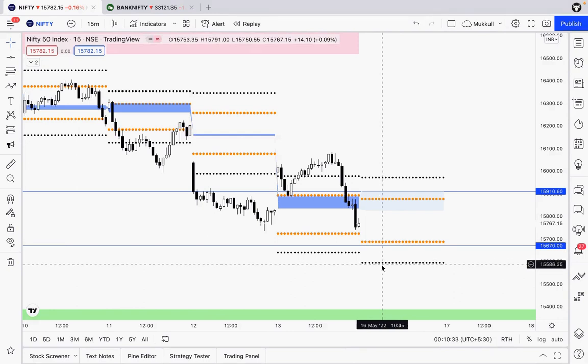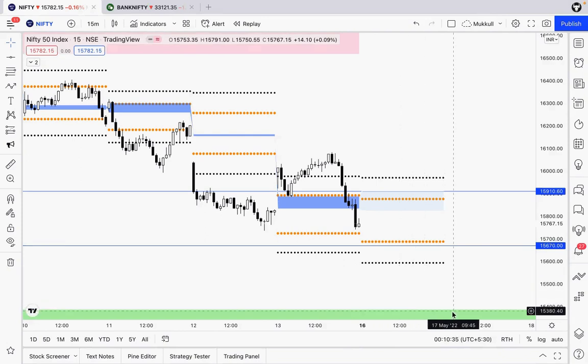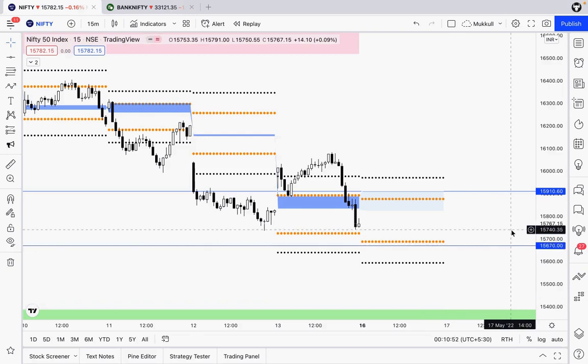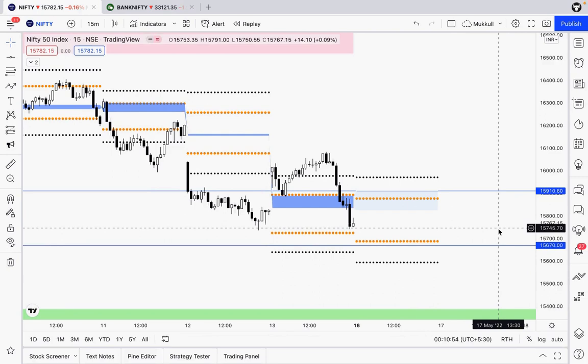If we break down further, there is almost like a free fall till 15,380. Okay, and from there we can accumulate our scalping longs, and we can set the first target as 15,500 to 600, right? So keep that thing in mind.